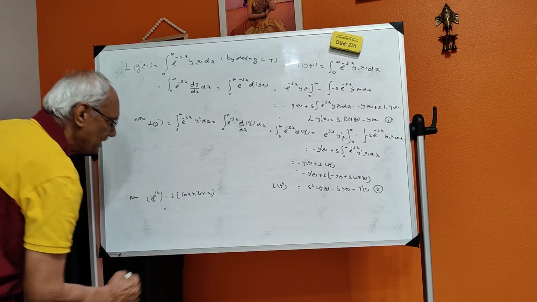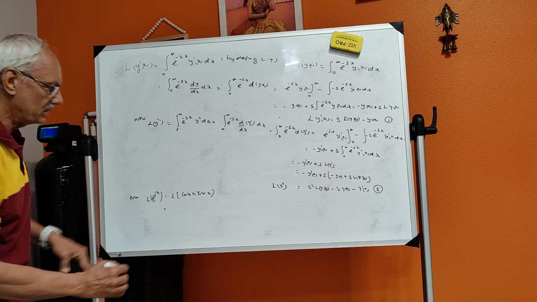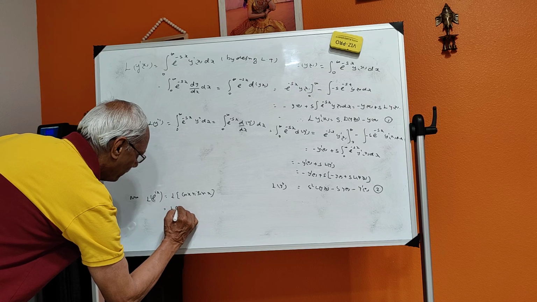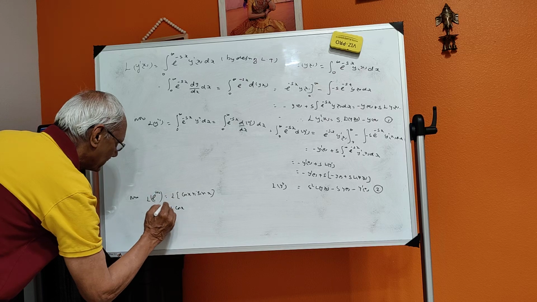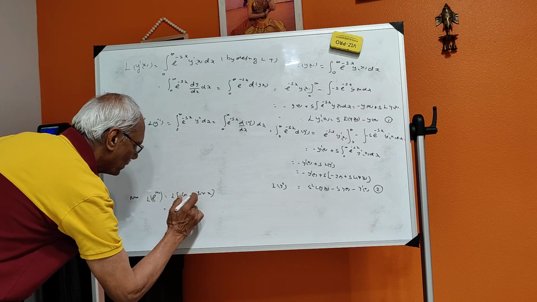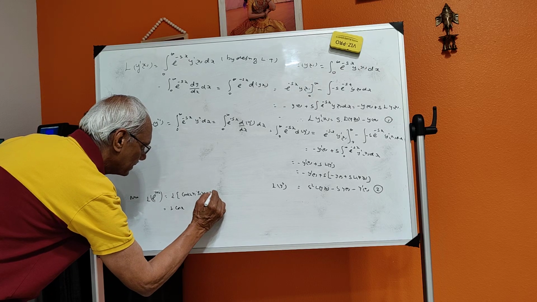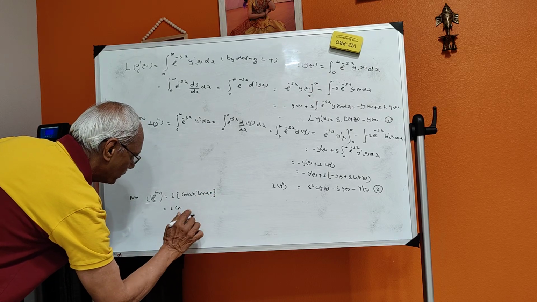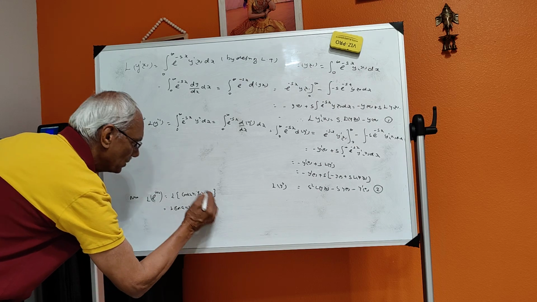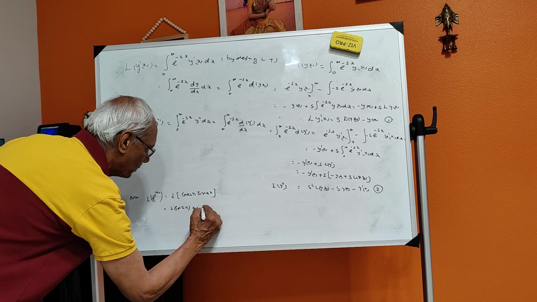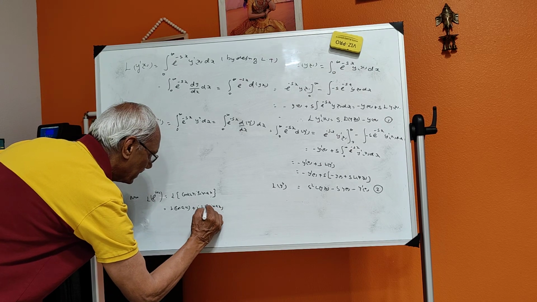And you must know that because the linearity property holds good in the case of a Laplace transform, this is nothing but L of cos, I will put here ax, so you will get cos of ax, plus i, because i can be taken outside, i L of sin ax.